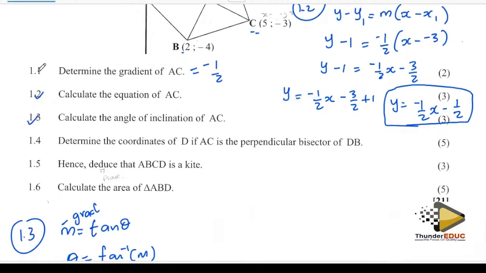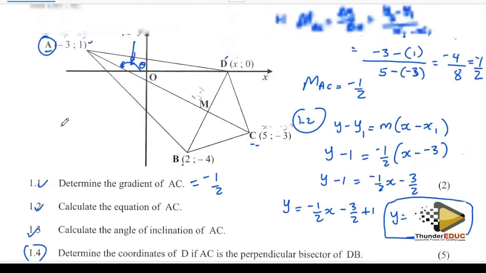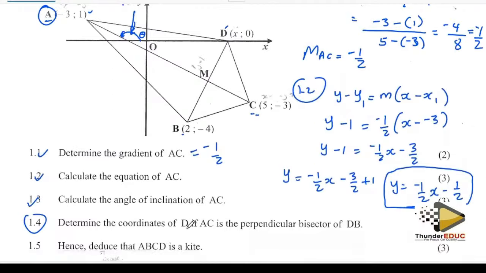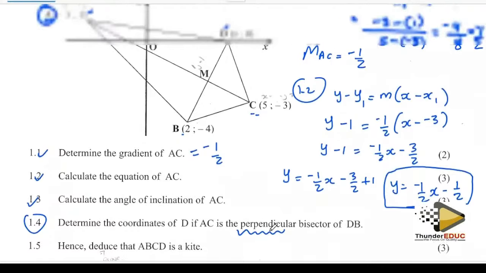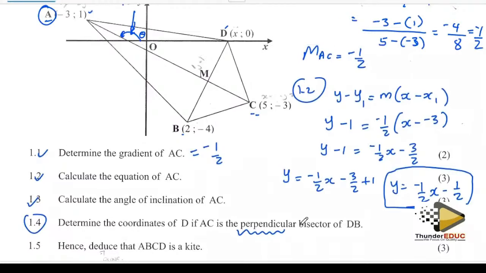That is done. Then 1.4, they want us to determine the coordinates of D if AC is a perpendicular bisector. So we have two words here. Number one, the word perpendicular. And then the other word is the bisector.